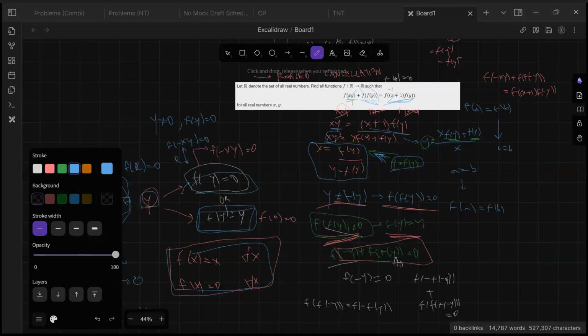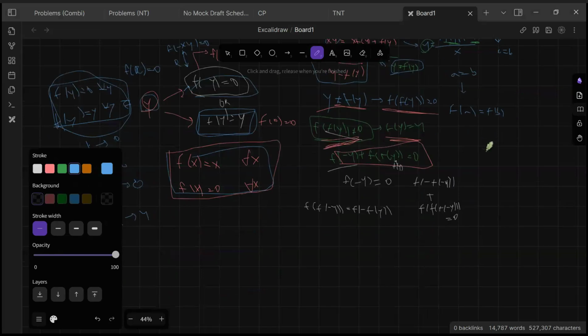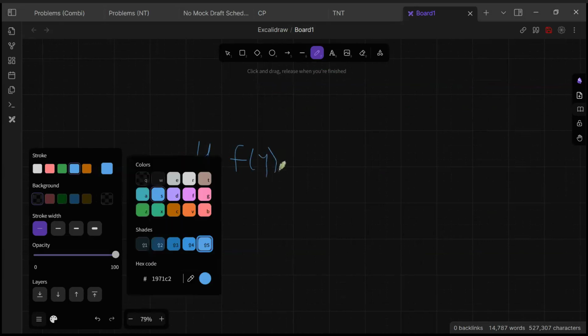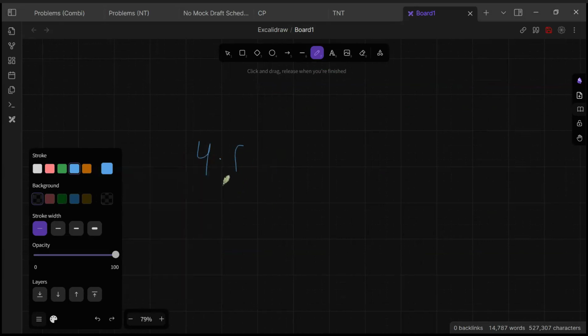Any questions you want to ask? Somehow we get some number of f's of y equal to f of y. Then how does it help in a problem? Wait, can you repeat that? Like 4 times f, let's say, of y equal to f of y.